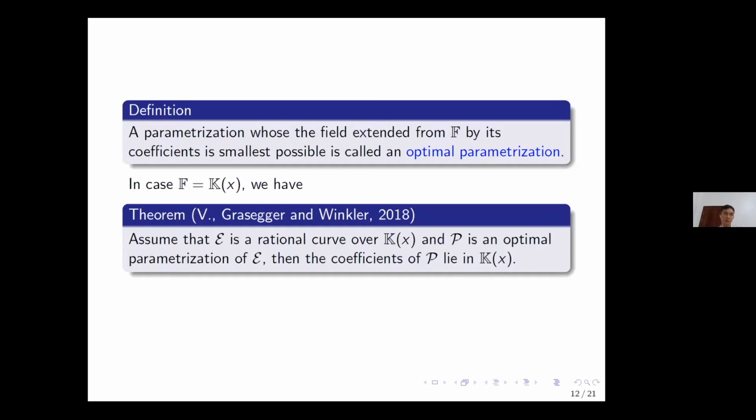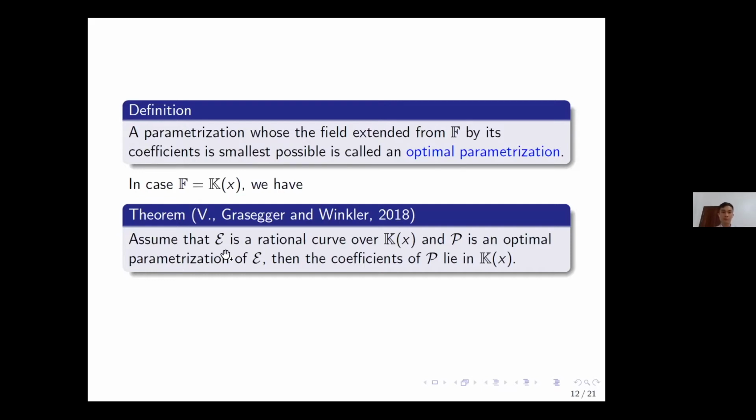Every C0 0 algebraic curve admits some optimal parameterization. And in our problem, the ground field F will be the field of rational functions K(x), and we need a theorem that they proved three years ago.